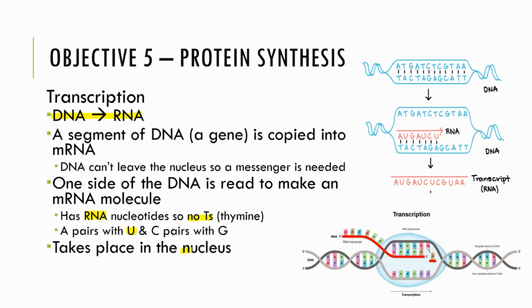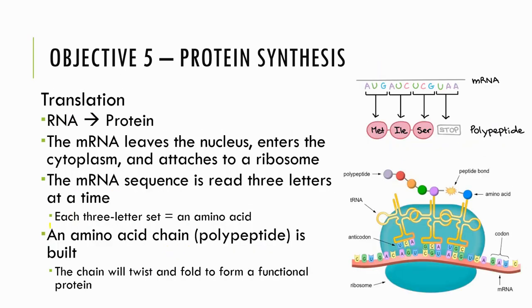Now, because DNA is involved and DNA is stuck in the nucleus, transcription is going to take place in the nucleus. So now what's going to happen is we need to build that protein at the ribosome. So the RNA, in this case it's mRNA, or messenger, it's going to leave the nucleus and it's going to travel to a ribosome so that we can build that protein.